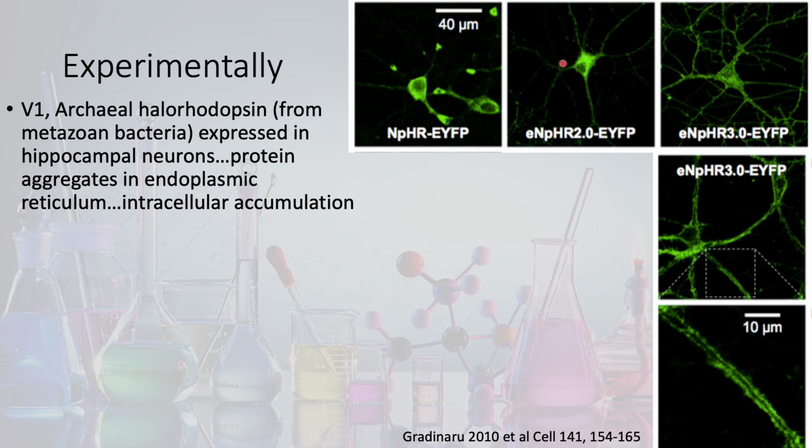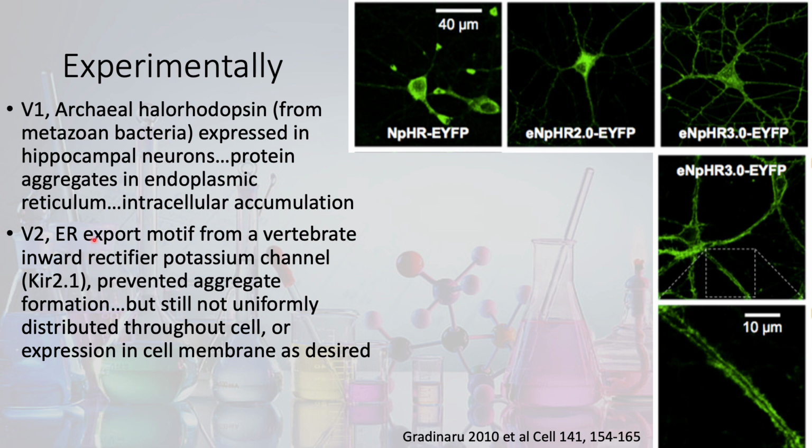So if we look over here to eNpHR 2.0, which, surprise, really just means version 2, our authors took this approach. In version 2, they modified that DNA segment to include an endoplasmic reticulum export motif from a vertebrate inward rectifier potassium channel, which, for our purposes, let's just say is a special kind of potassium channel.